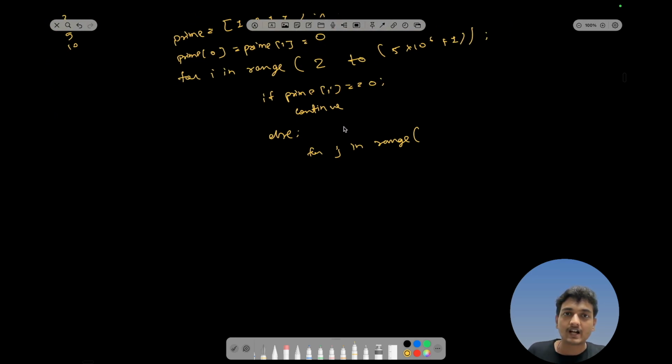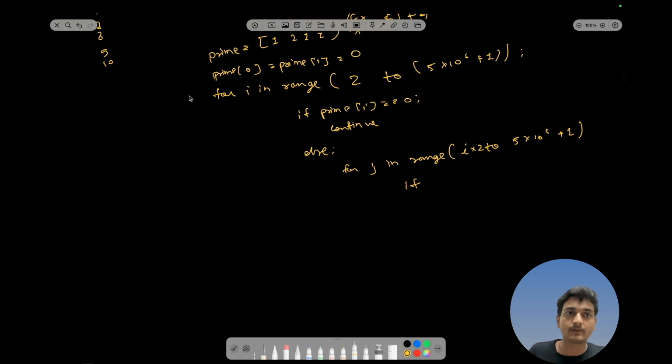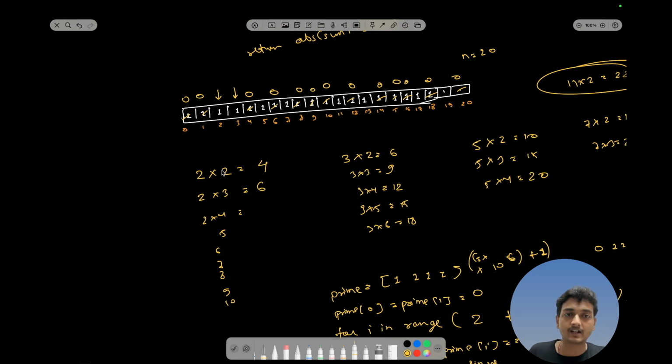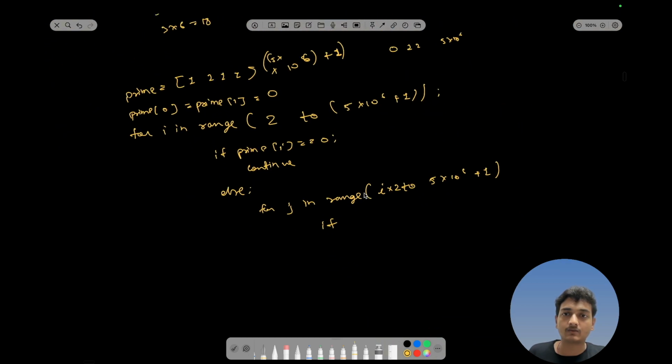From where I have to go? I have to start from i, and I have to go till 5 into 10 to the power 6 plus 1, and whatever number I can divide, I will start dividing it. So I can start from i into 2 because we were starting from 2 multiplied by 2.